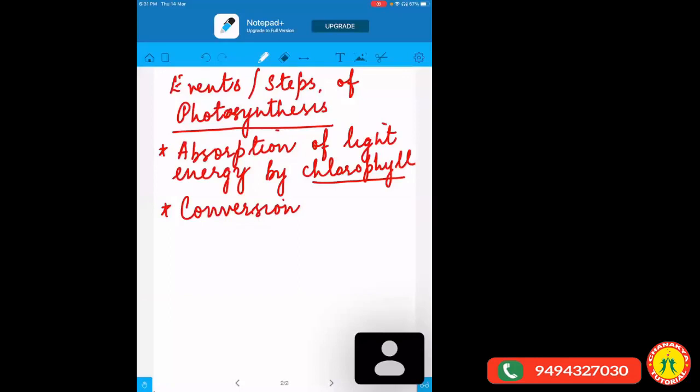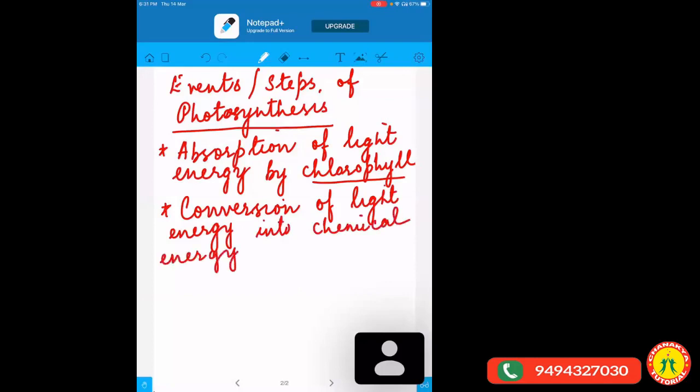So in the second step, as I said, the conversion of light energy into chemical energy will be there. Whatever light energy they have absorbed, they will be converting into chemical energy. And at the same time, the splitting of water into hydrogen and oxygen.